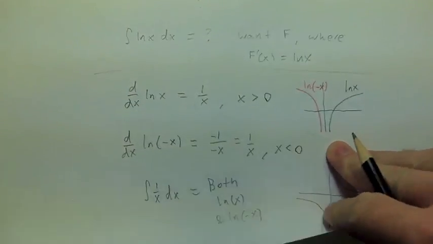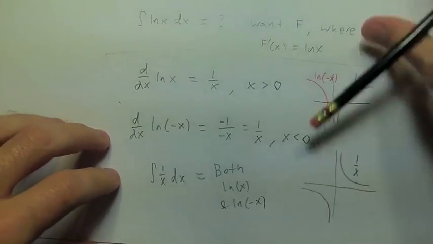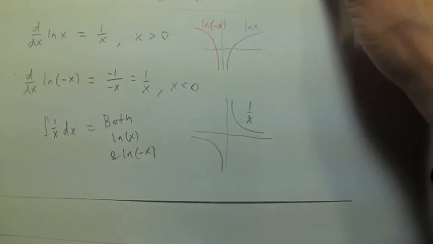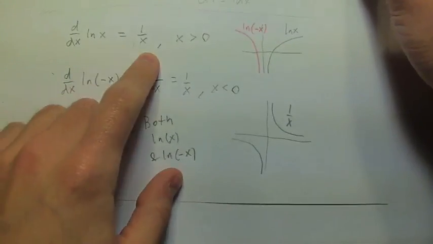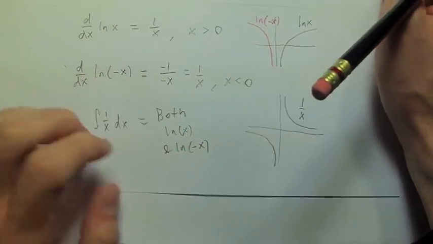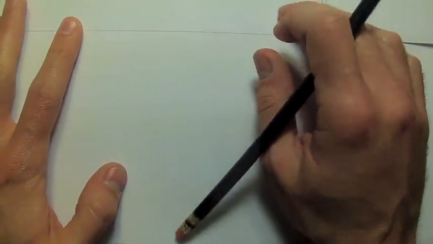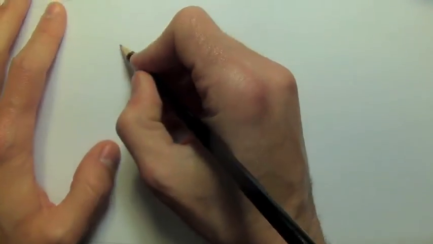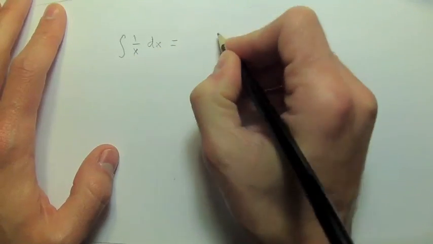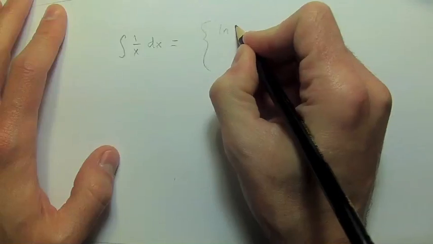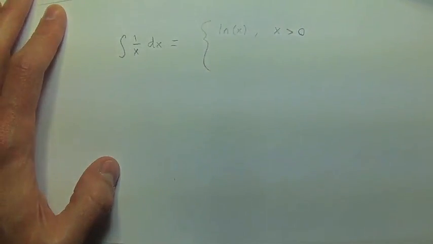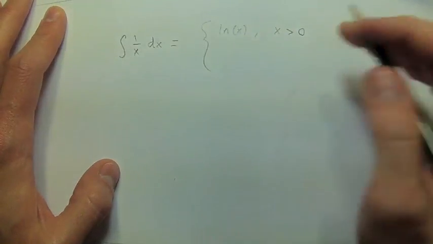Okay, so let's write something here. Using what we've just talked about, the derivative of the natural log of x is equal to 1 over x when x is positive, and the analogous result when x is negative. Let's think of it this way. Let's say that the integral of 1 over x dx is the natural log of x when x is positive, plus c.